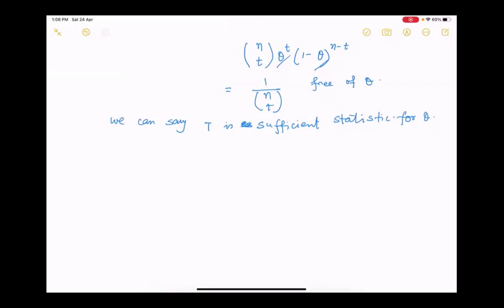Okay. I'm leaving this example as an assignment. You try. In the same way you can show it also for the Poisson.